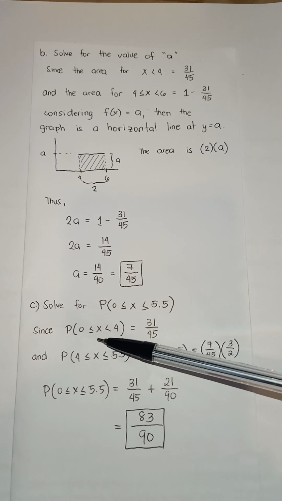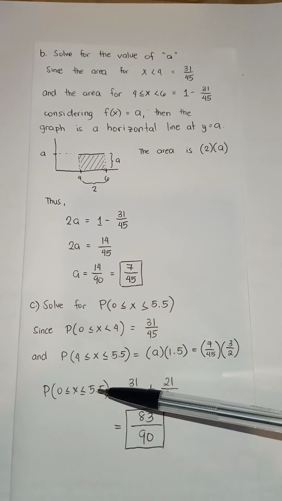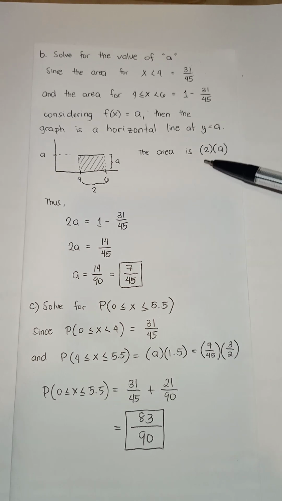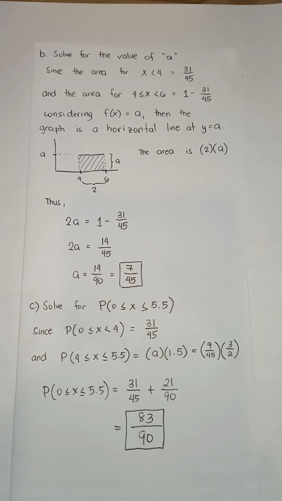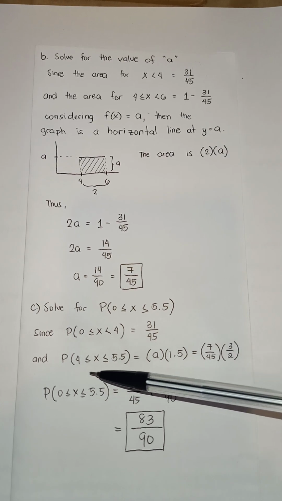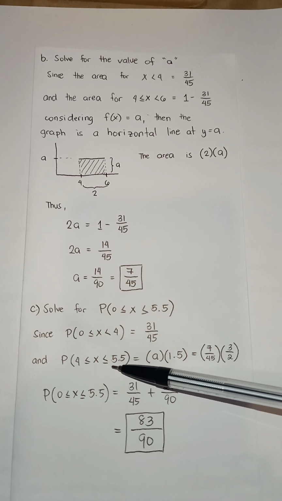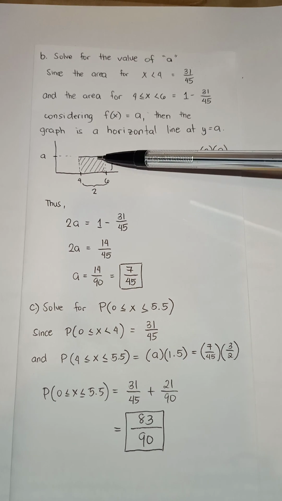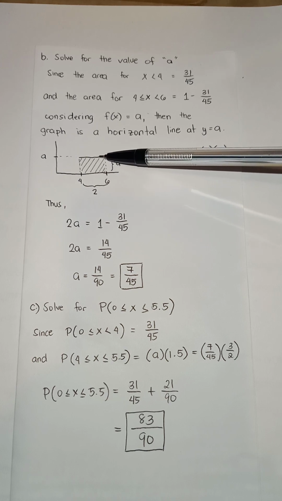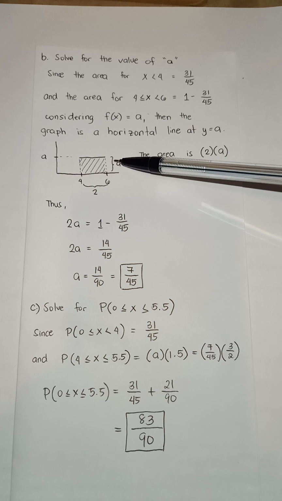So we know from 0 to 4 it's already equal to 31 over 45, and 4 to 6 is 7 over 45. But that's not what we need. So we solve for the probability of x from 4 to 5.5. If 5.5 is somewhere here, the length here will be just 1.5, and then this is a.